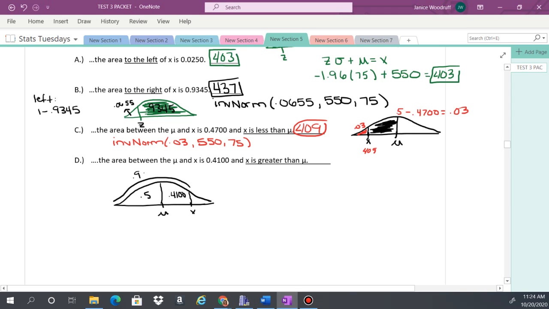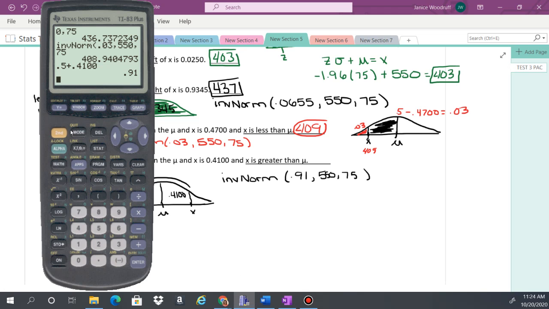is 0.91. So then I would go inverse norm, and then 0.91 is the area to the left, mean is 550, standard deviation 75. So inverse norm, 0.91, comma, 550, comma, 75.